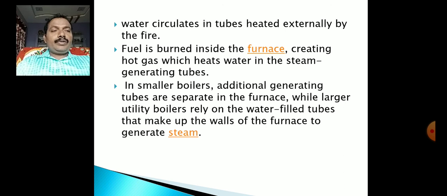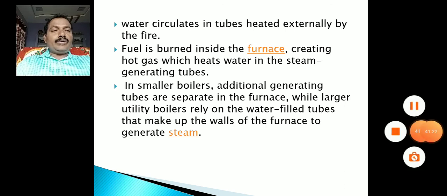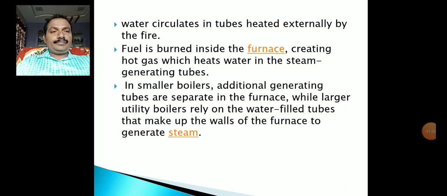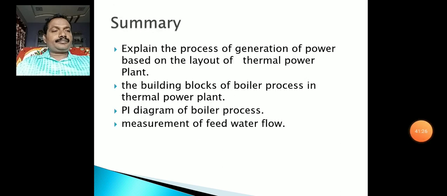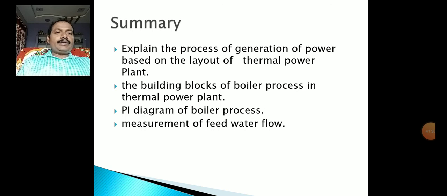So, now with this, we conclude our lesson. We have discussed the power generation thermal power plant layout diagrams. Both the diagrams we have discussed. You can learn one of them. And we have identified four basic circuits.